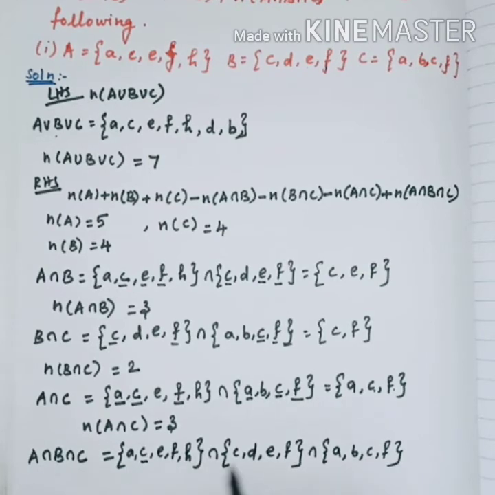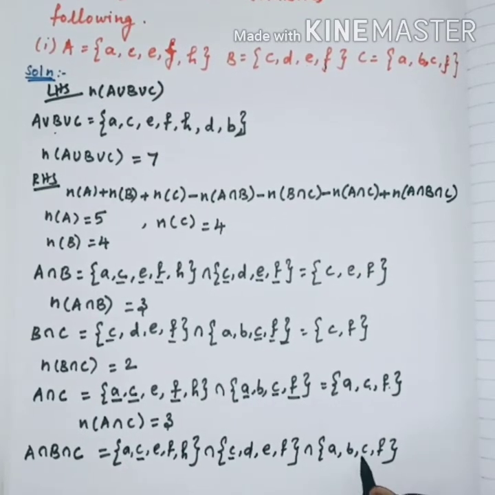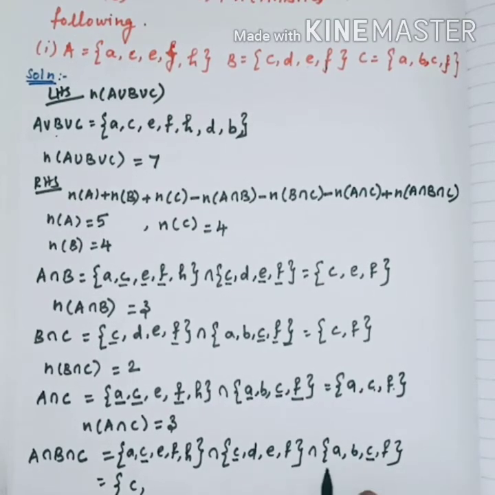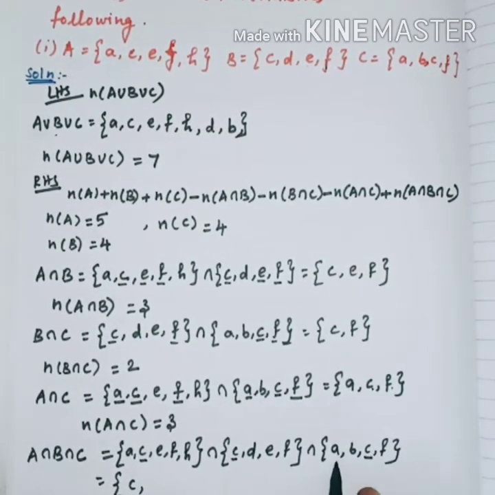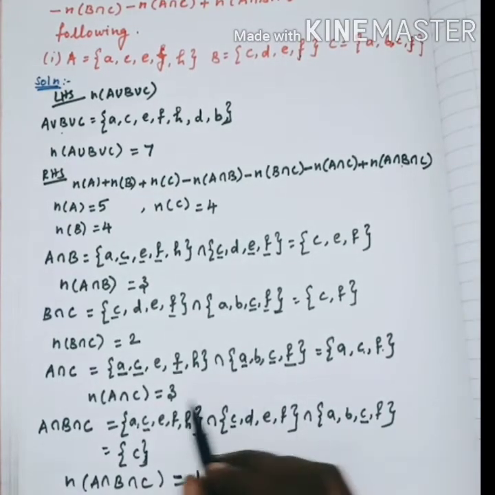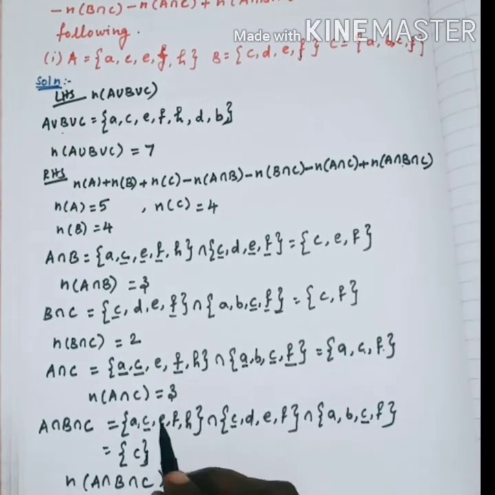C is the common element in all the sets. A is there in these 2 sets but didn't appear in the other set.